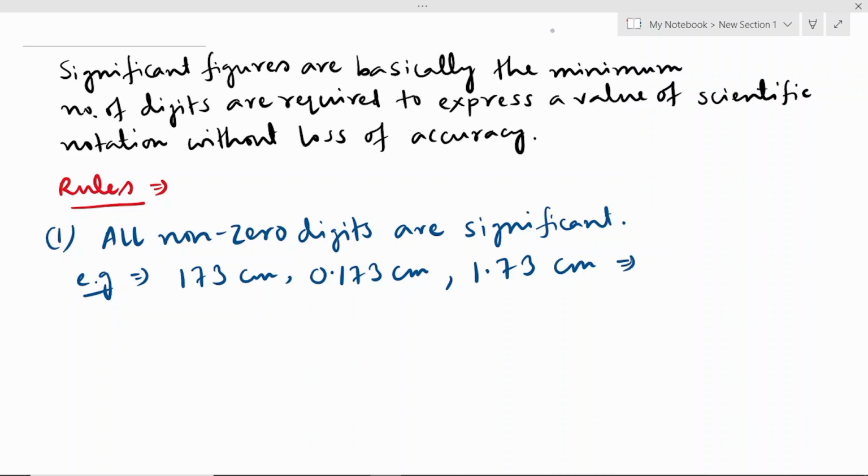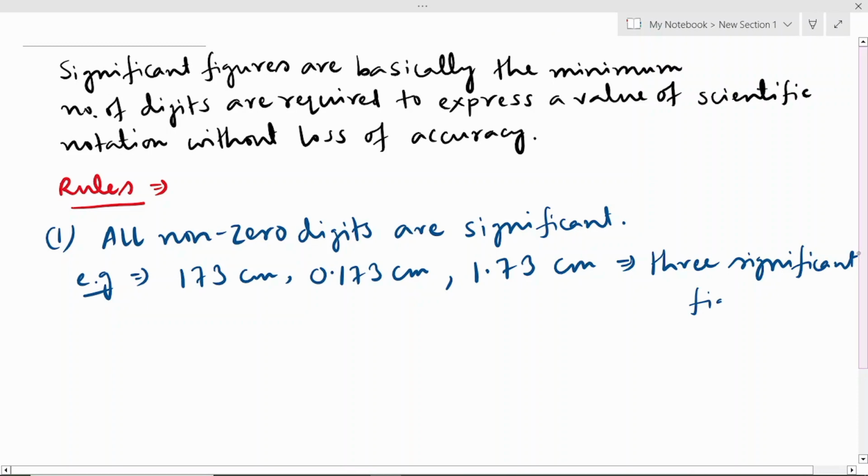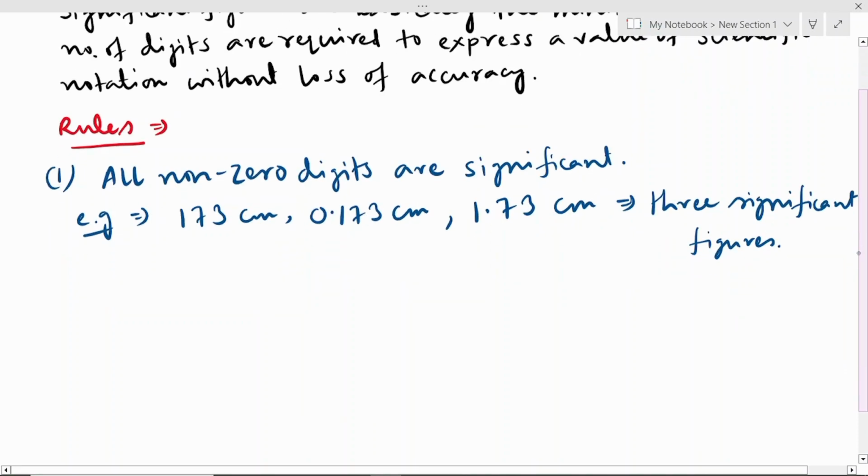All are non-zero digits and therefore three significant figures.